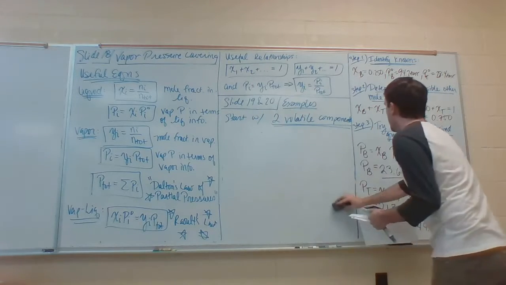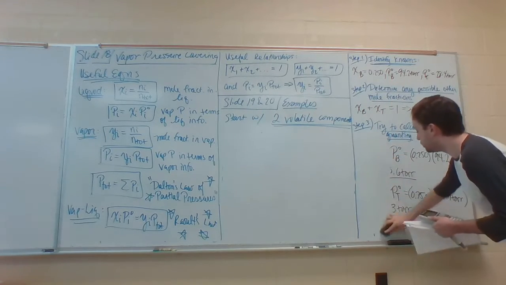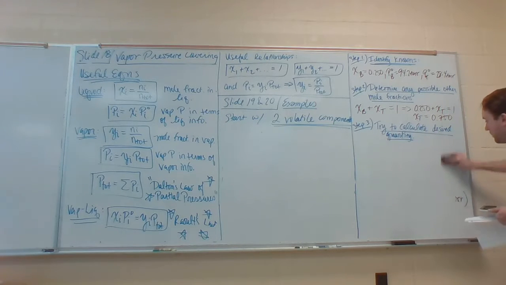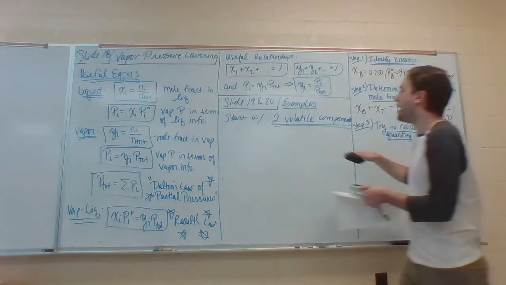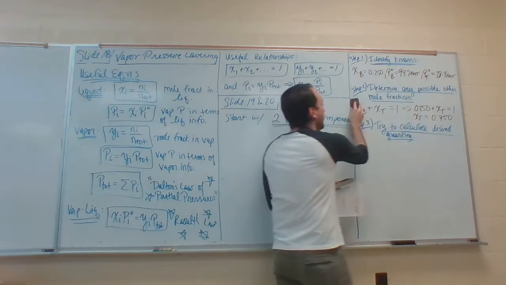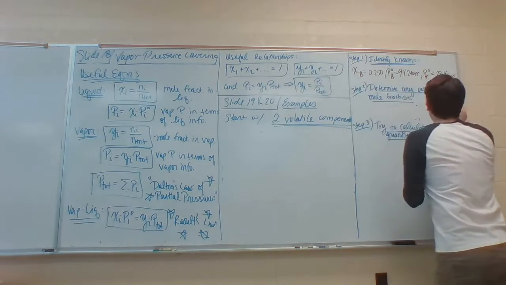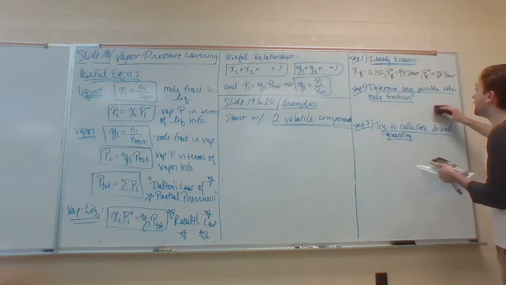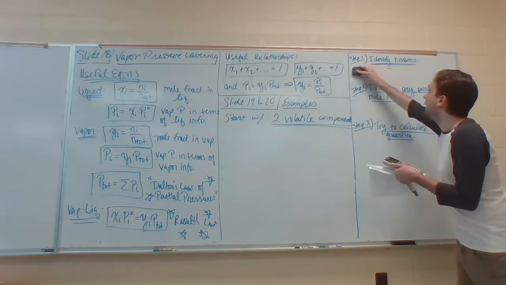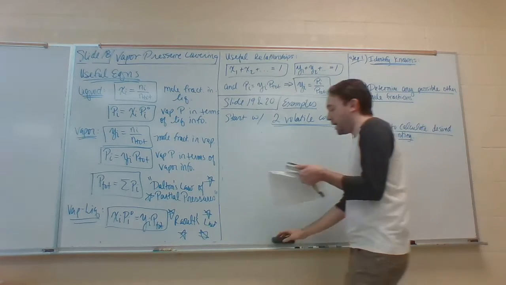Now, that was the case when we had two volatile components. What I mean by volatile is that I have two components that can both go into the gas phase. Both my benzene and my toluene could go into the vapor. That's not always the case.